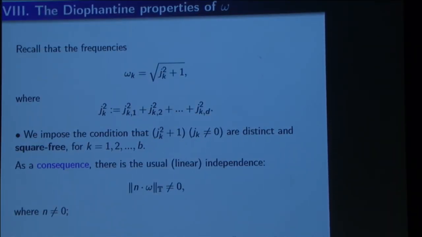So what are the conditions? We impose the conditions that the integers under the square roots are distinct. That's kind of obvious, right? And square free. So in the prime decomposition, a prime only occurs at most once.